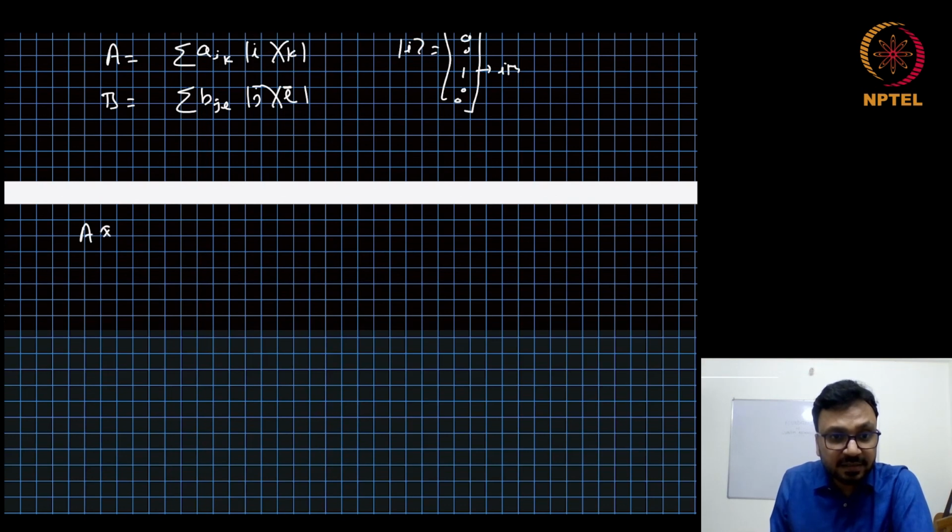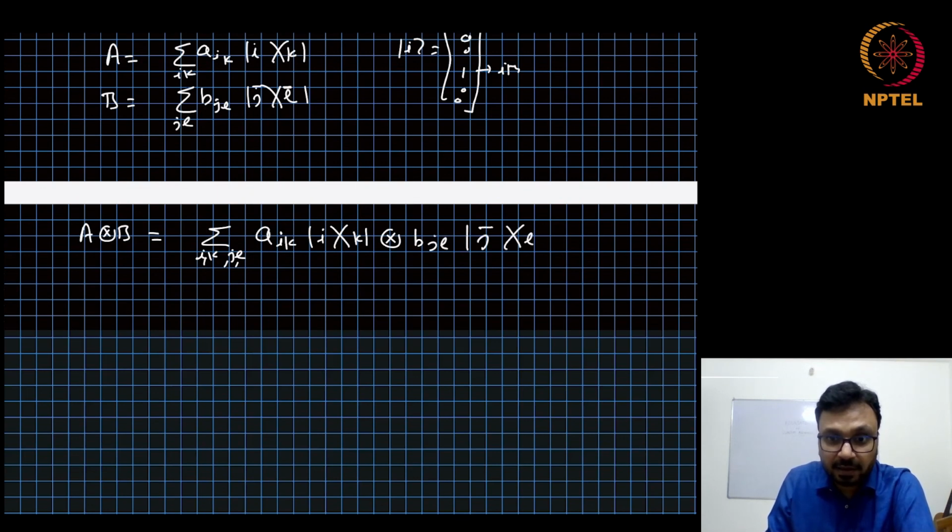Then A tensor B will be a sum over, this summation is over i, k, this summation is over j, l. So i, j, k, l, all four summations we have here, that will be a_ik |i⟩⟨k| tensor b_jl |j⟩⟨l|.